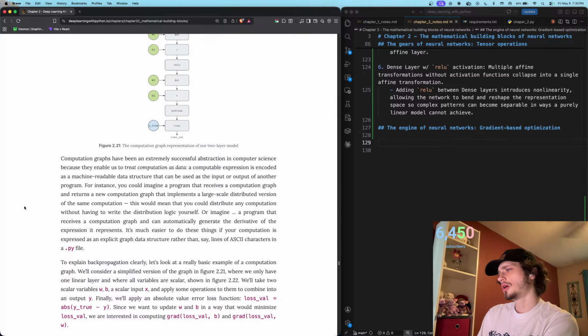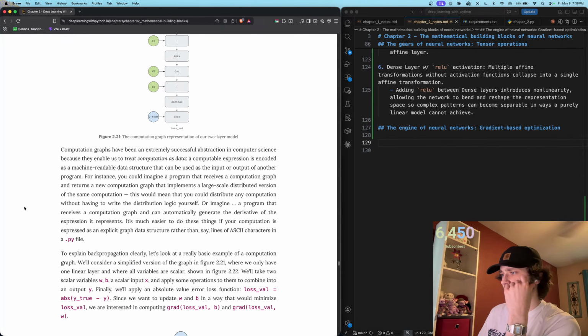For instance, you could imagine a program that receives a computation graph and returns a new computation graph that implements a large-scale distributed version of the same computation. This would mean that you could distribute any computation without having to write the distribution logic yourself. Or imagine a program that receives a computation graph and can automatically generate the derivative of the expression it represents. It's much easier to do these things if your computation is expressed as an explicit graph data structure rather than, say, lines of ASCII characters in a .py file.